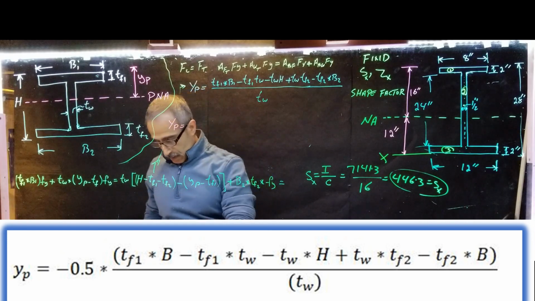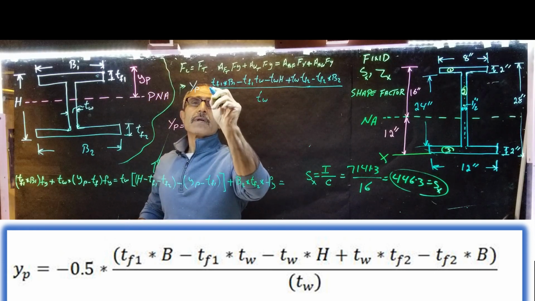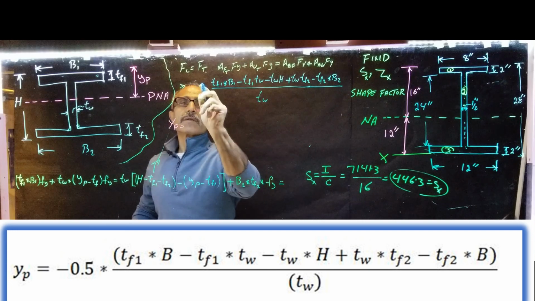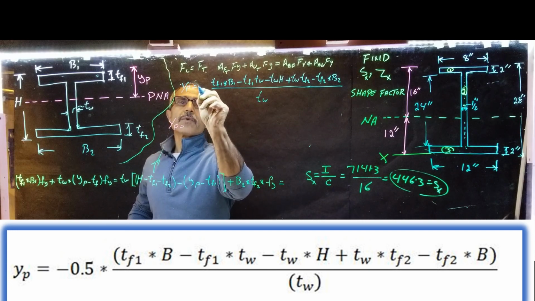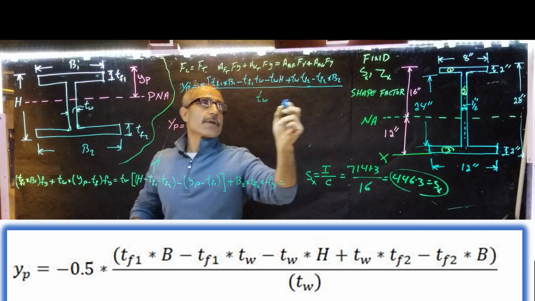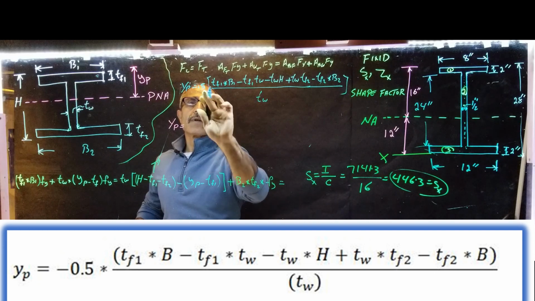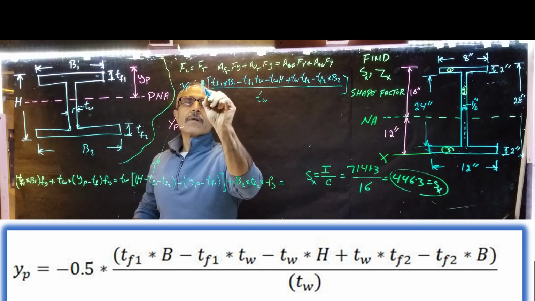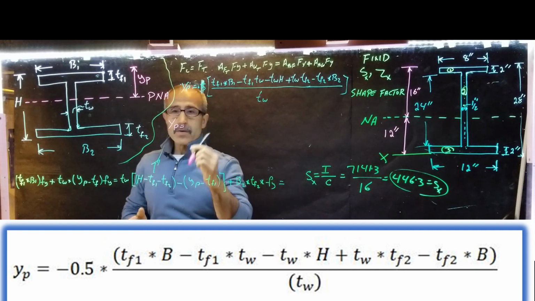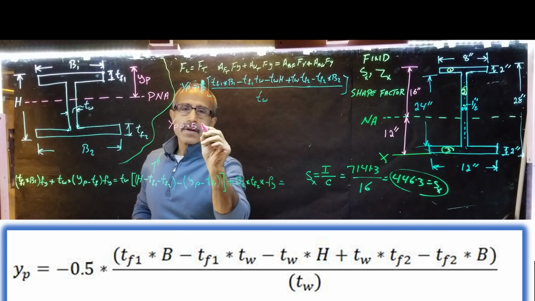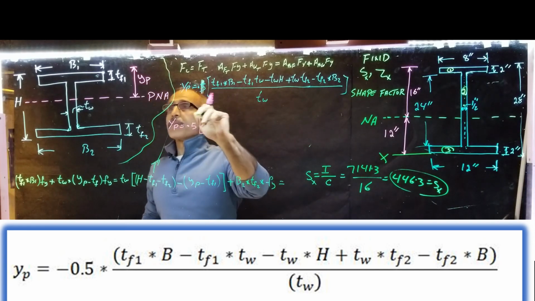This whole thing should be, let's say, Yp is equal to 0.5 multiplied by the whole thing. Okay, 0.5. So I have TF times B1.